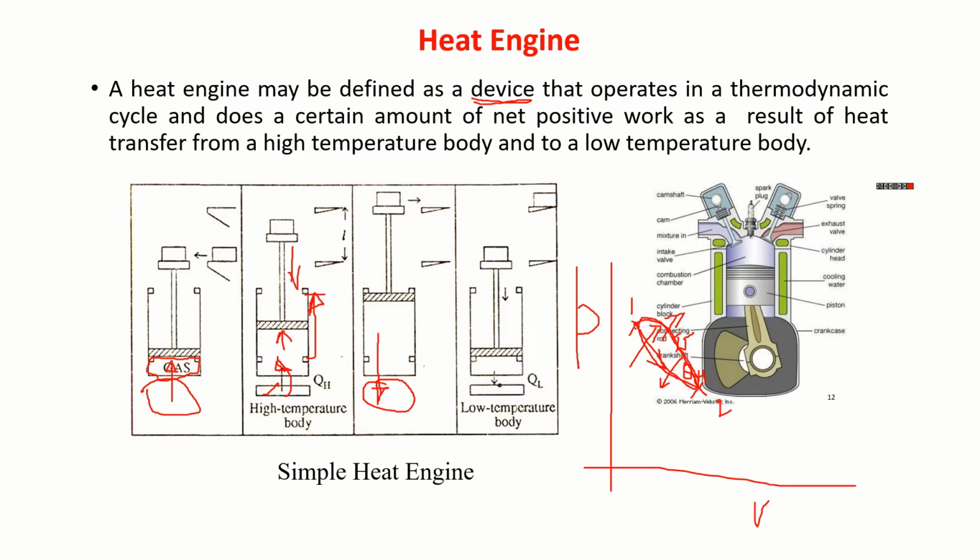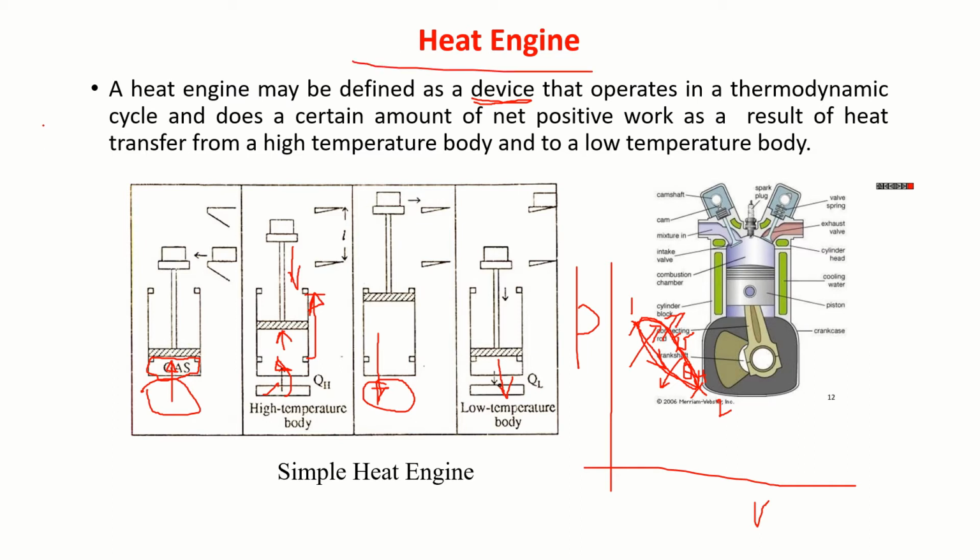It does a certain amount of net positive work. During this process, I have got some work done, as a result of heat transfer from a high temperature body to the system, and again from the system to a low temperature body. Such a device, I call a heat engine.